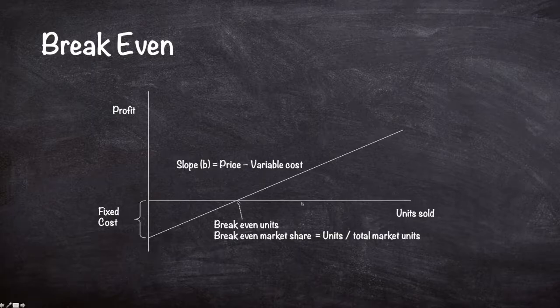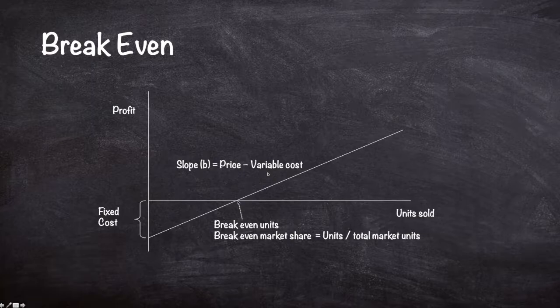So break-even in units, and you use units. You don't use dollars or kronor or euro or something like that. It's better to use units. And the slope here, that would be the price of the unit minus the variable cost, I mean the cost for each unit.